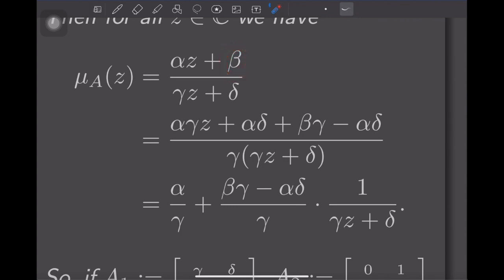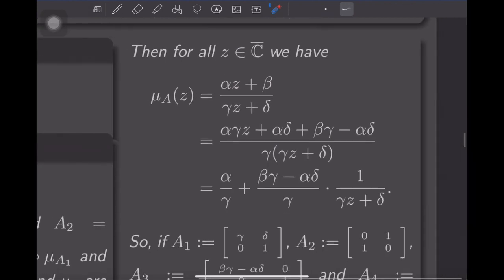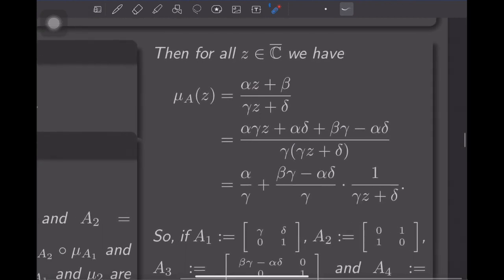So one multiplies with gamma, but then in order for this not to change, one multiplies also in the denominator. Okay, and then one has gamma, and then one forces the determinant to appear by subtracting alpha delta and adding it. So that's really the trick, right?